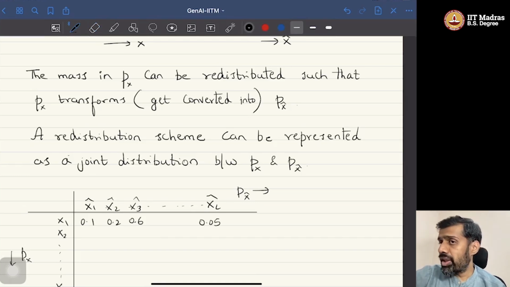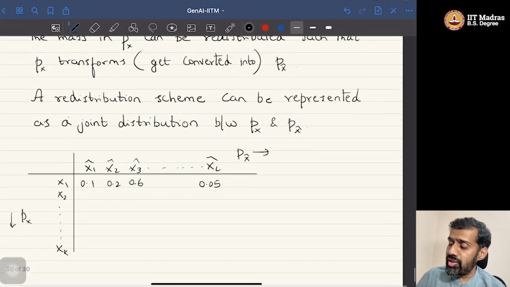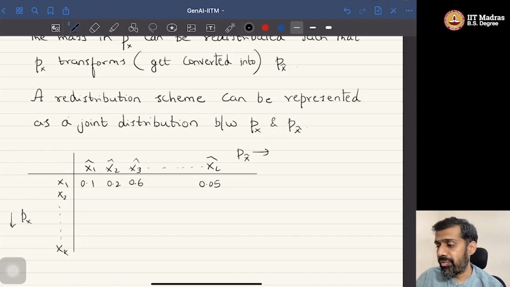So all you need to ensure is that every row adds to 1, because you can redistribute x1. You take all the mass in x1 and redistribute it completely, so they have to add to 1. You do it for all values in P_X so that you transform it into P_X cap. Now what is this table?